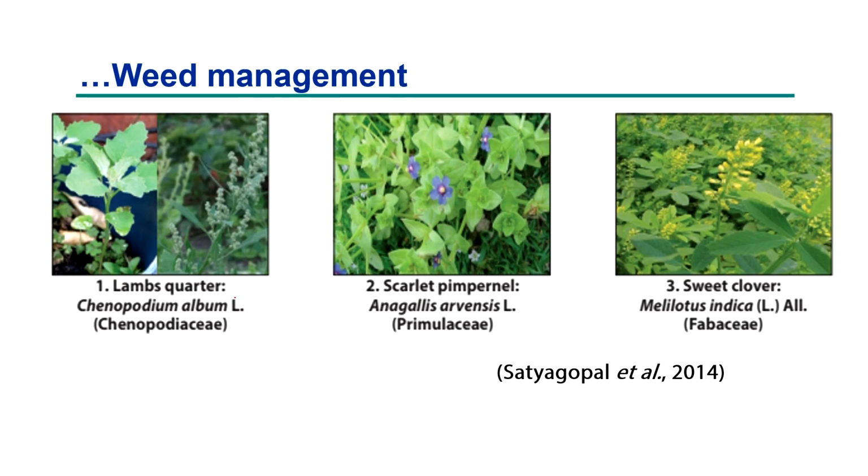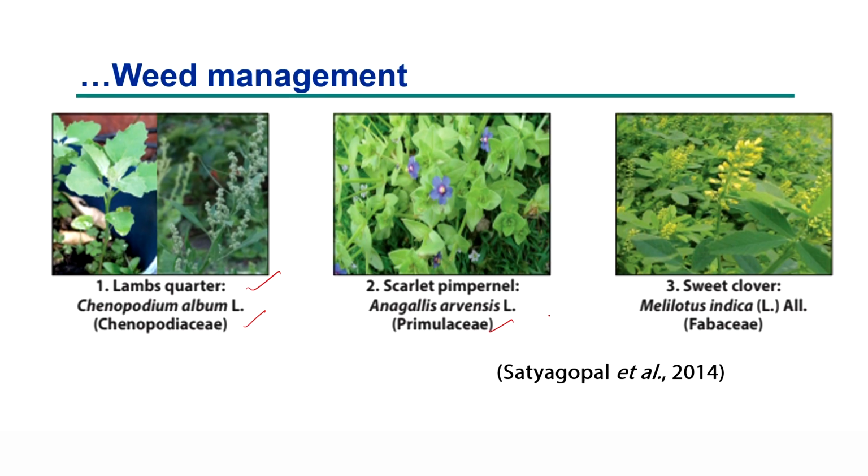So first one is lamb's quarter. It is Chenopodium album L, belonging to family Chenopodiaceae. See the next picture in the middle is scarlet pimpernel. Its scientific name is Anagallis arvensis. In Hindi it is called Krishna Neel, belonging to family Primulaceae. Then comes the sweet clover, and you can see yellow flowers are there.